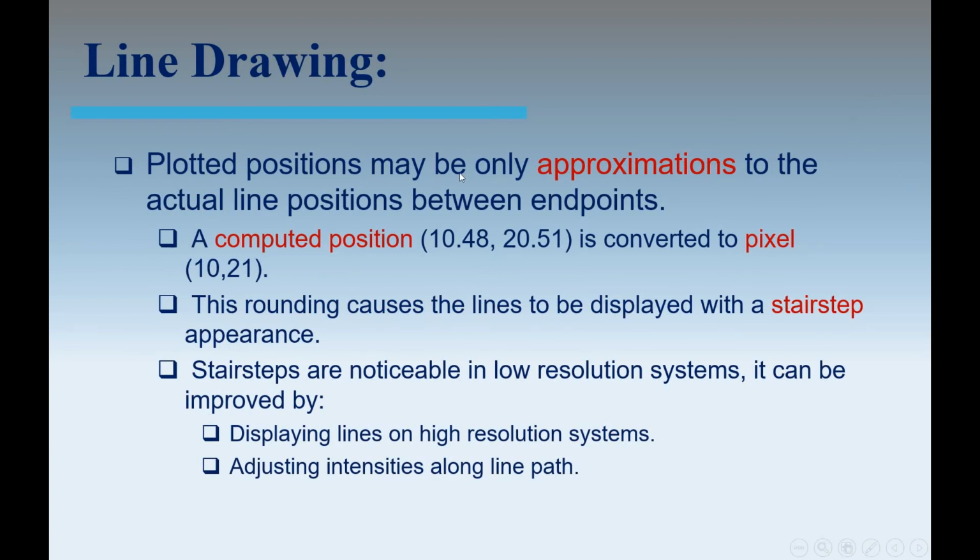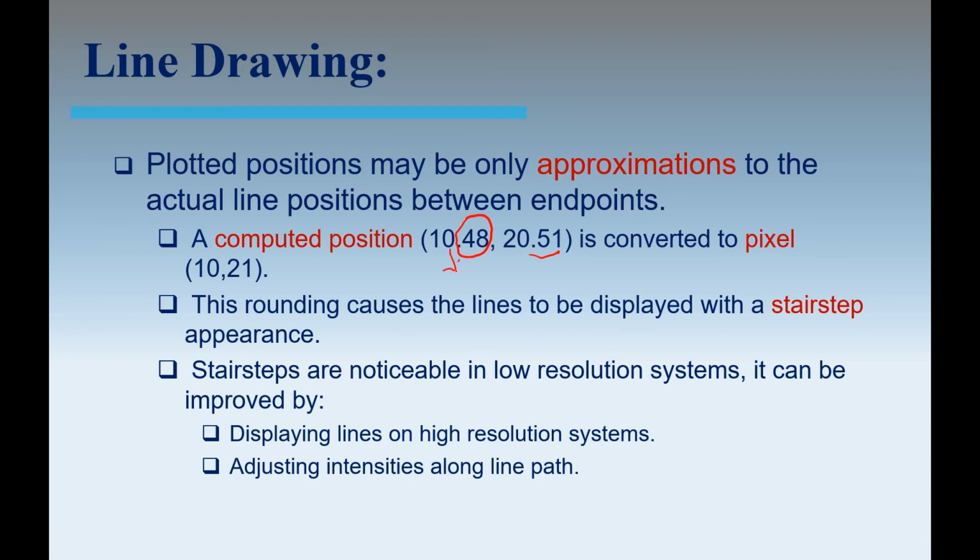Plotted positions may be only approximations to the actual line position between endpoints. A computed position 10.48 is converted to a pixel. In a pixel we do not have decimal points. This decimal point is a problem, because in a pixel there are no decimal points.